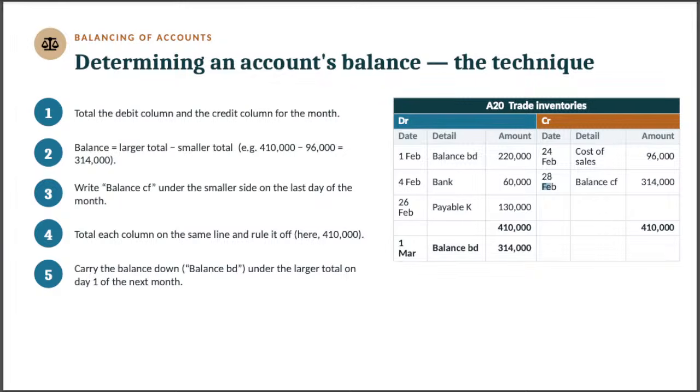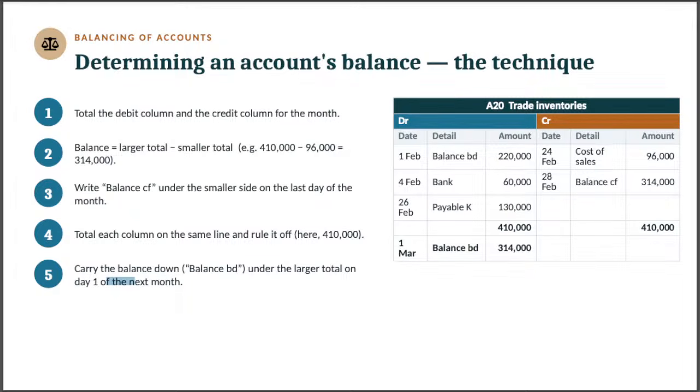And on February 28th, the balance c/f here, of course, under the smaller side, was 314,000. So what we've got here is 410,000. We add these up. Even though these are cost of sales and the balance and such, you can see here where this all comes together. So our balance down here for the 1st of March now is under the larger total for the next month.